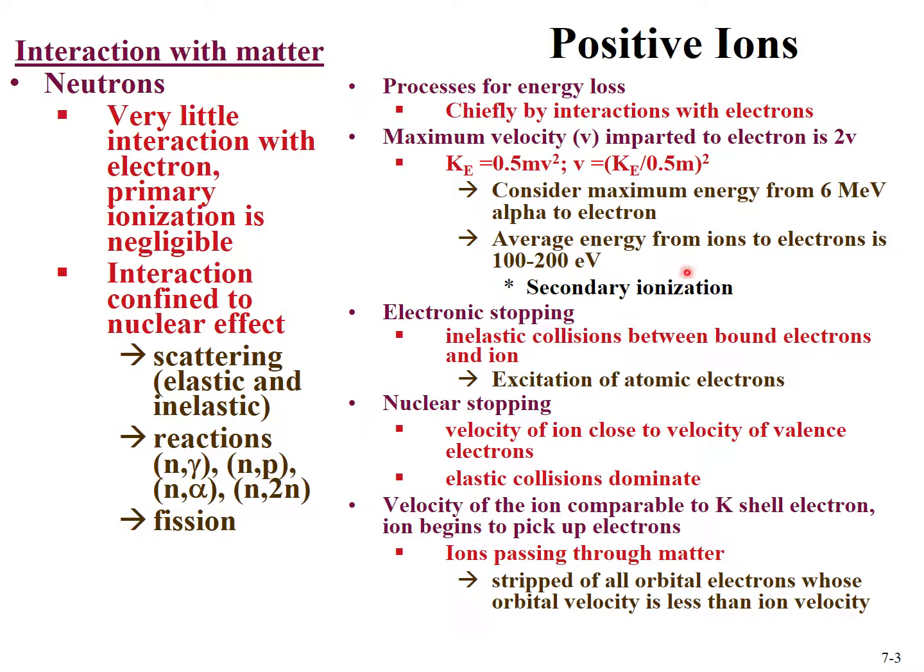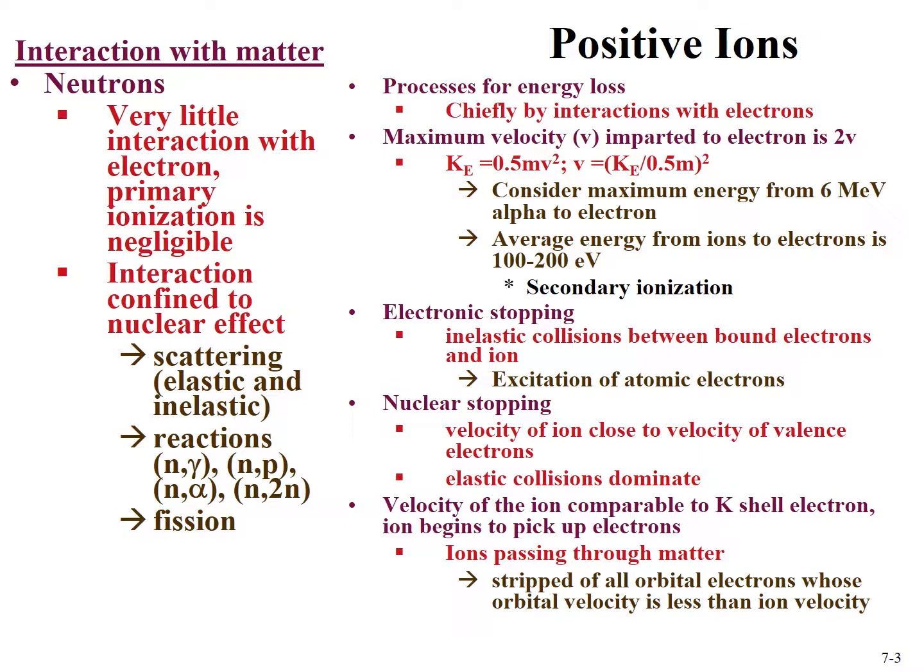Electronic stopping, which we've talked about already, consists of inelastic collisions between bound electrons and the ion. We can get an excitation of the atomic electrons from this reaction. For nuclear stopping, when the velocity of the ion is close to that of the valence electrons, we can get elastic collisions. So these were the cases, electronic and nuclear stopping, that we discussed on the earlier slide.